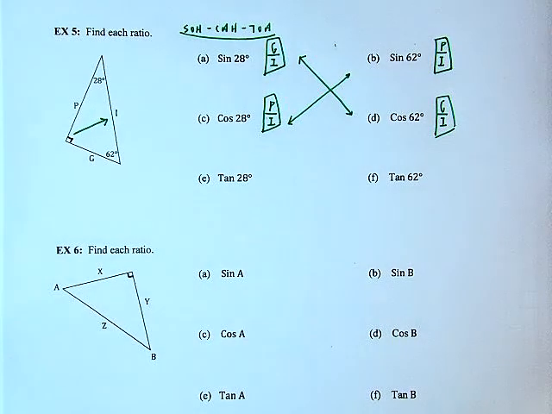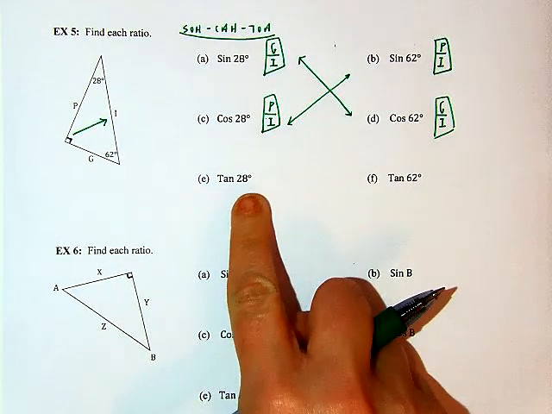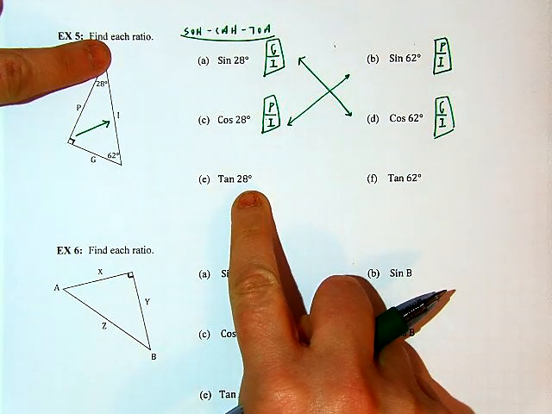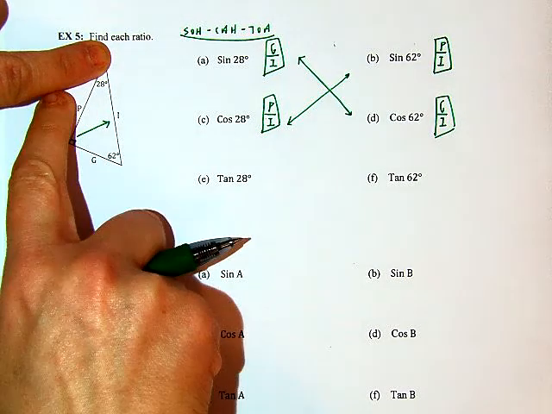Okay, so now tangent. So tangent 28. So right here, opposite over adjacent.